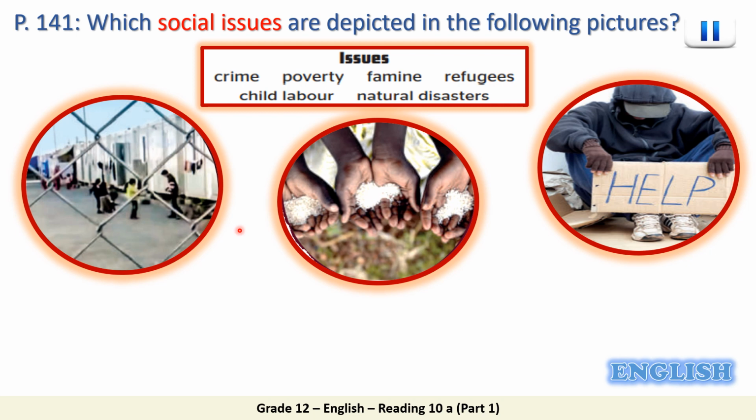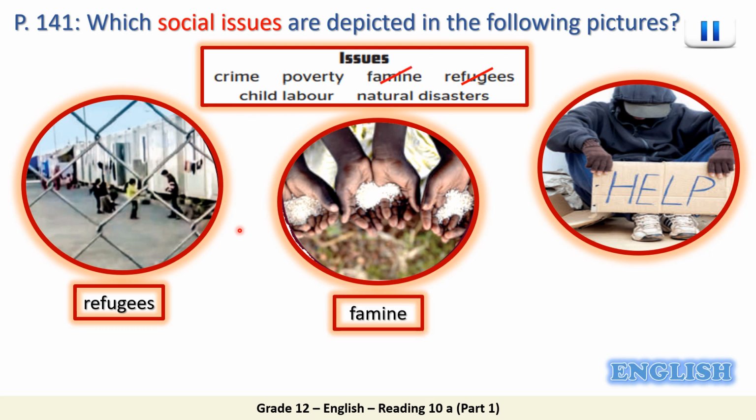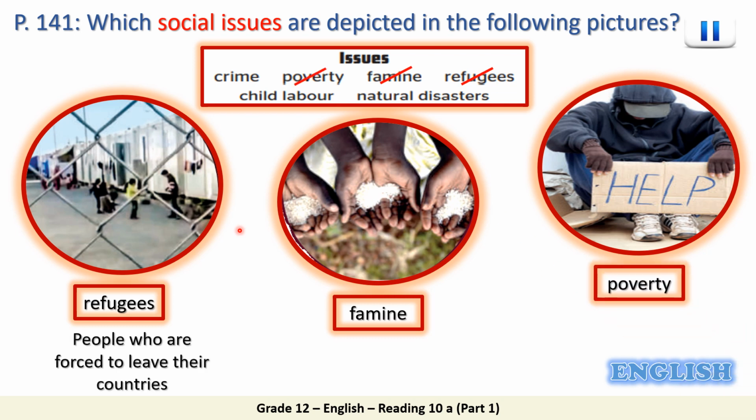Ready? The first picture depicts the suffering of the refugees, right? Whereas the second one depicts famine. The third one is about poverty. And refugees are the people who are forced to leave their countries and they are homeless.